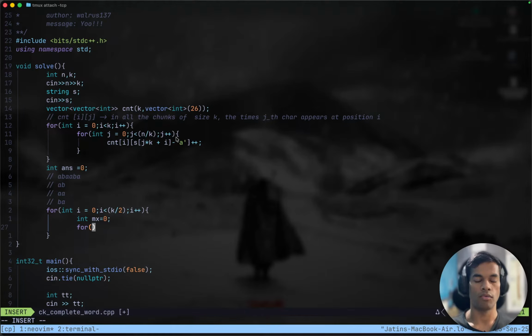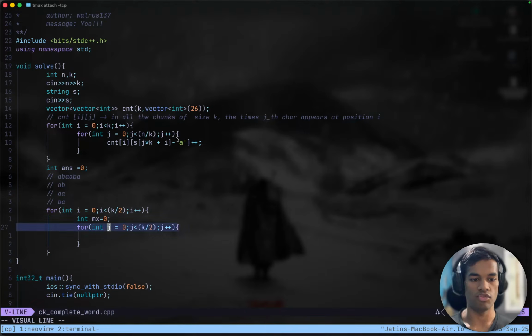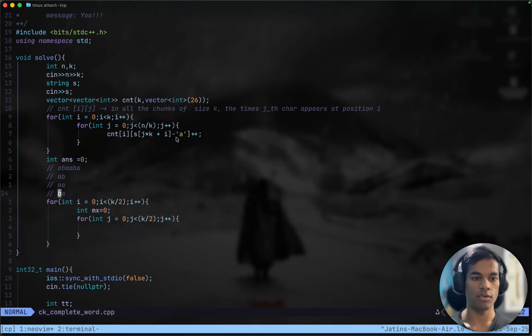For int j equals 0, we are going to go through all the substrings, and there are j less than k by 2 substrings, right? And in each jth substring, we need to see the character at position I and the character at the opposite position and update max.